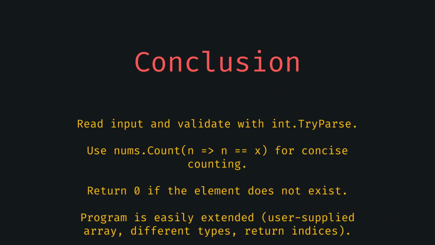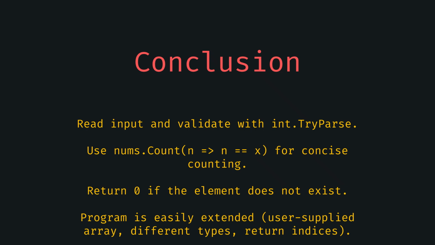Nice work. You now have a compact, safe C# program to count how many times a number appears in an array. Next steps you might try: return the indices of matches using a loop or Select plus Where, build a frequency dictionary with GroupBy to count all numbers at once, or accept the array from user input or a file.